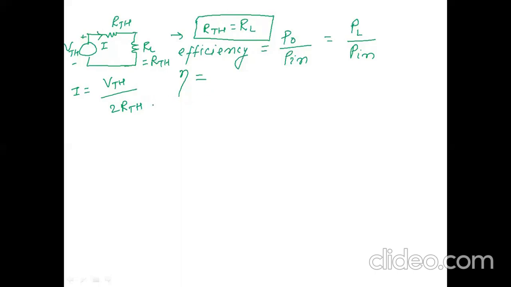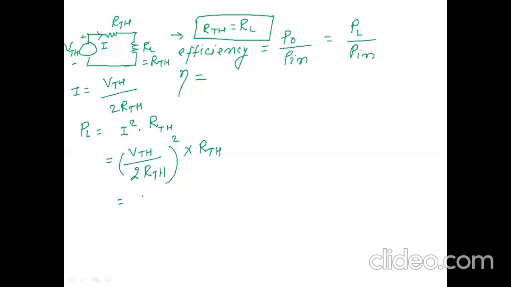So what will be our output power? Power in load means current square multiplied by resistance of the load, and resistance of the load is nothing but the Thevenin resistance. So now I am putting here the value VTH divided by twice RTH, whole square, multiplied by RTH.